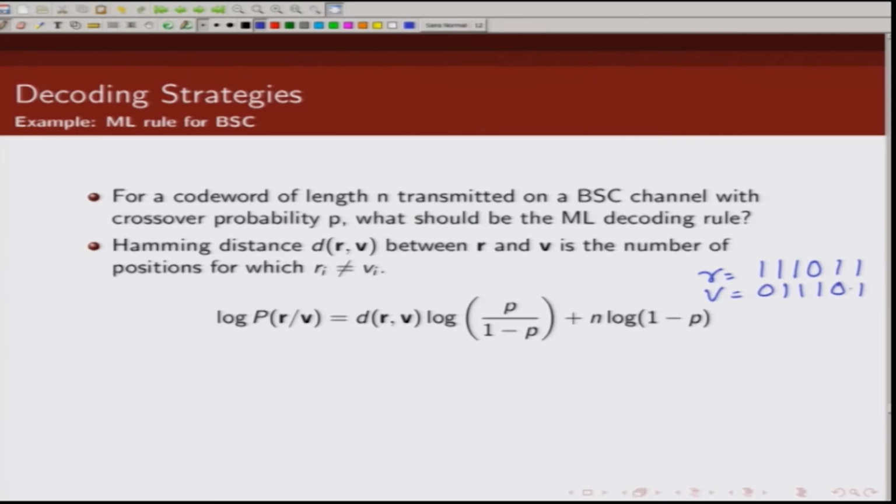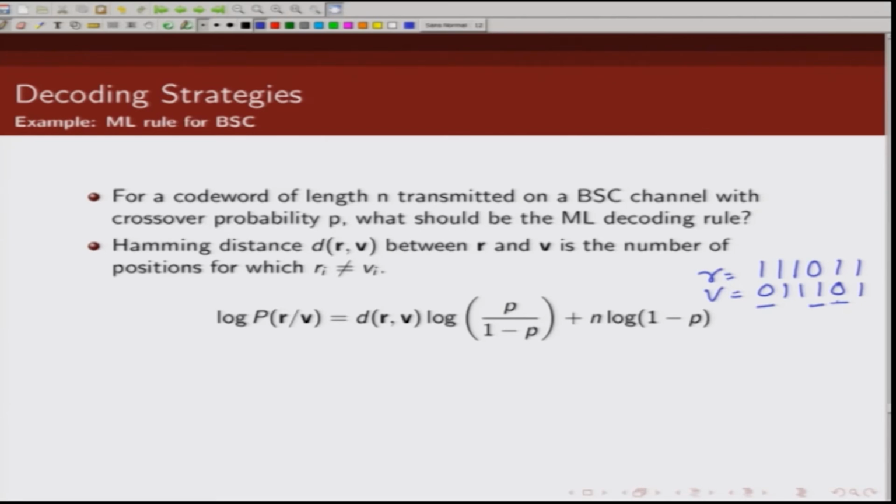It differs in the first location, that is 1, it does not differ in the next two, it differs here, that is 2, it differs in this location, that is 3, and it does not differ in the last location. So, R and V differ in 3 locations, and the Hamming distance between R and V is 3 in this case.